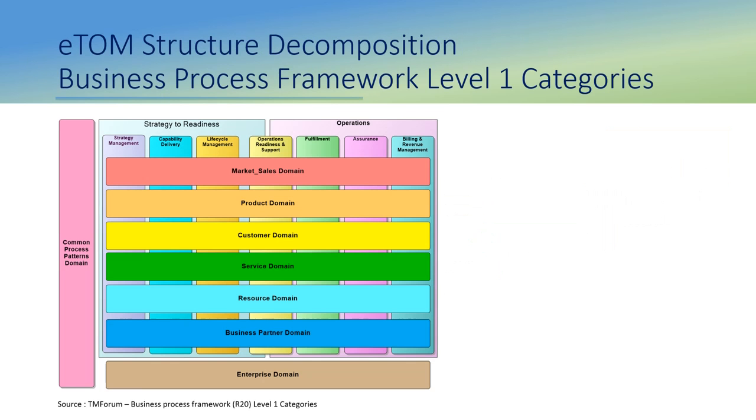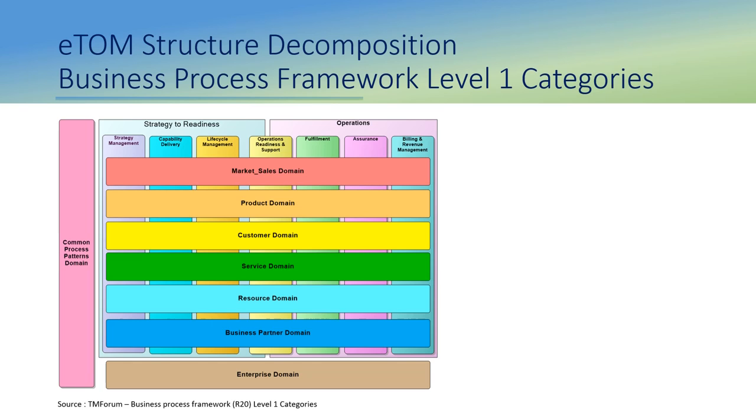Now let's start with level 1 categories. What you see is the release 20 representation of the business process framework, level 1 categories. Namely, we have process groupings into categories or domains of market and sales, product domain, customer domain, service domain, resource domain, business partner domain.